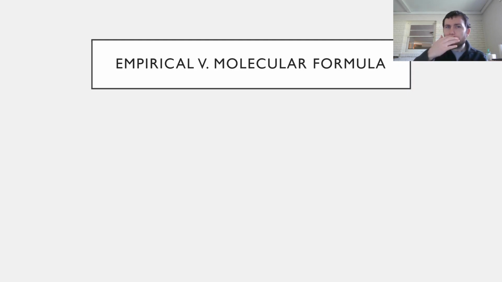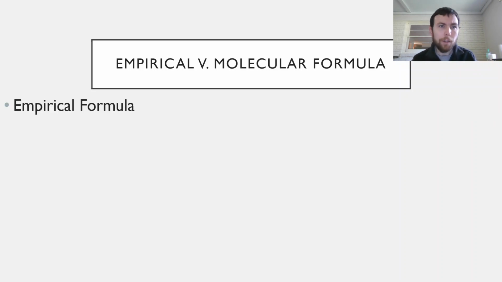So remember in Unit 1, we talked a lot about the differences between empirical and molecular formulas, right? An empirical formula is simply the lowest whole number ratio of the atoms present in a molecule. So I'll go ahead and write that in for you guys.